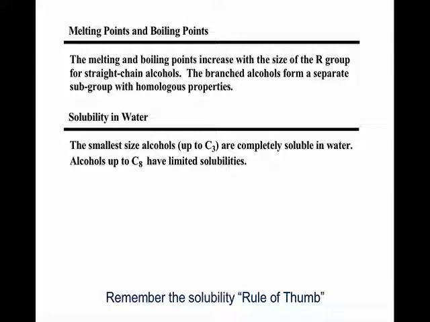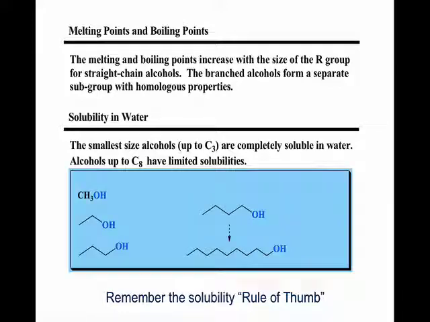When you're starting to talk about 5 or 6 carbons up to about 8, you're going to have limited solubility, and above 8, we typically say they're not soluble. Okay? So number of carbon atoms that you have is going to be very, very important. So if we look at some examples, these are all completely soluble in water.